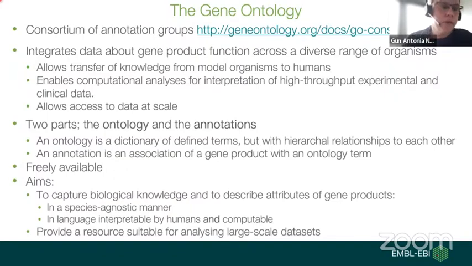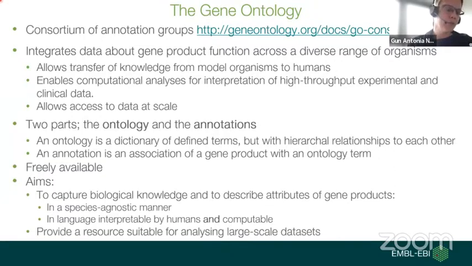What the GO does is allow the transfer of knowledge from model organisms to humans, for instance, or between each other. And it also enables computational analyses to interpret high throughput experimental and clinical data.